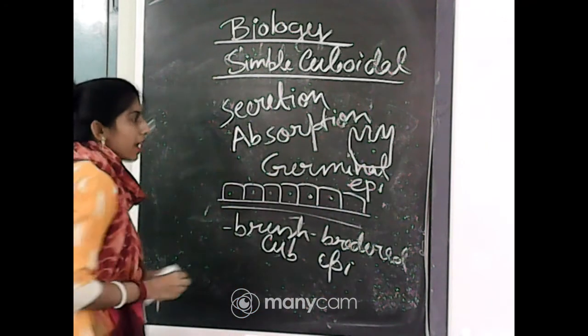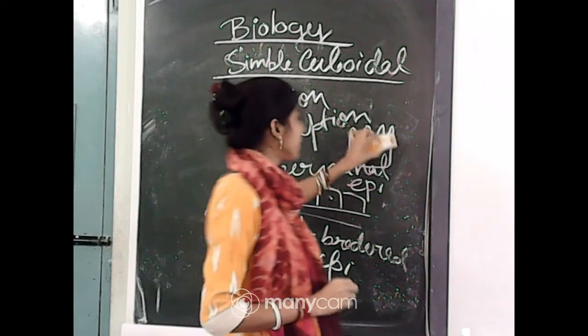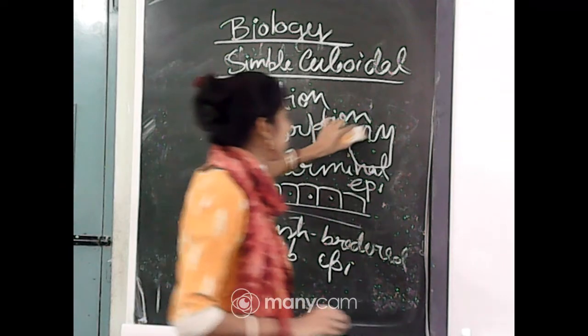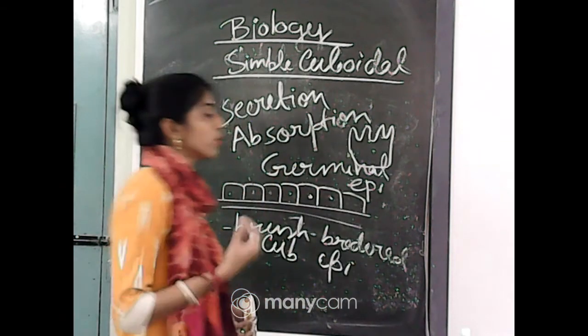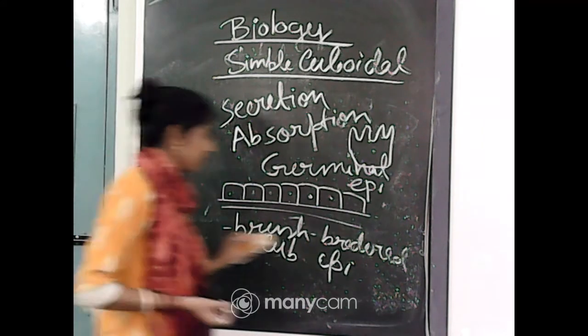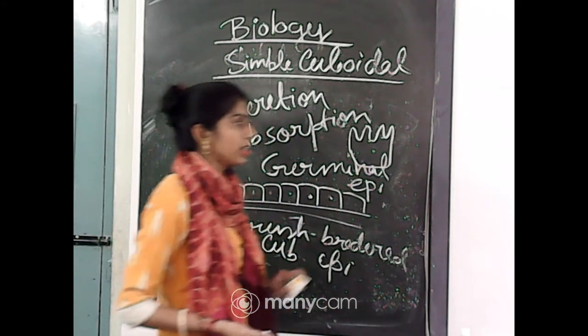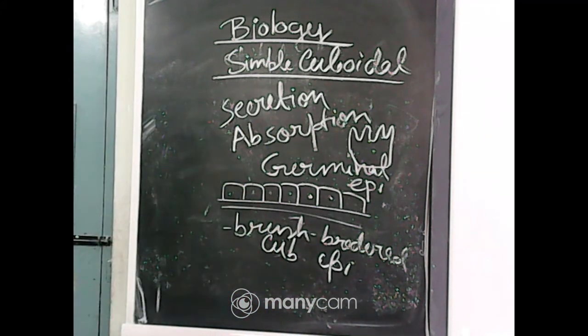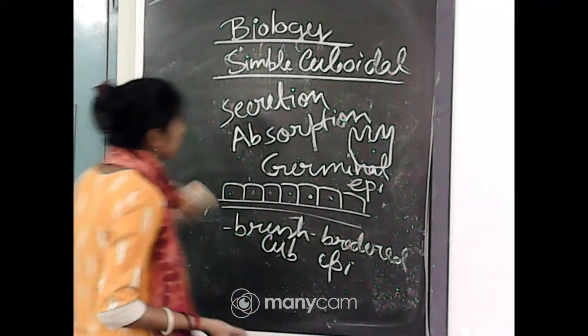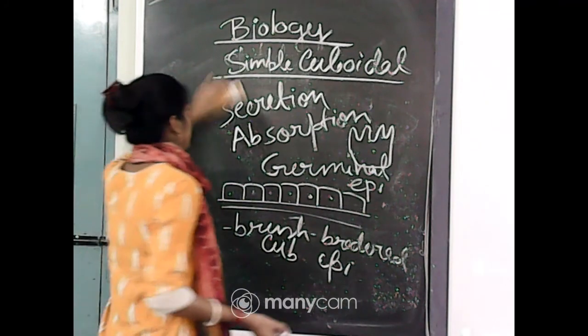Okay, some microvilli are present at the free surface of the cell. These help in absorption, because they increase the surface area. This special type of cuboidal epithelial tissue is called brush bordered cuboidal epithelial tissue. Okay, so you know the structure, function and location of the simple cuboidal tissue.